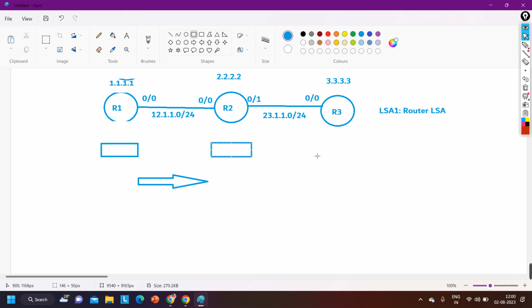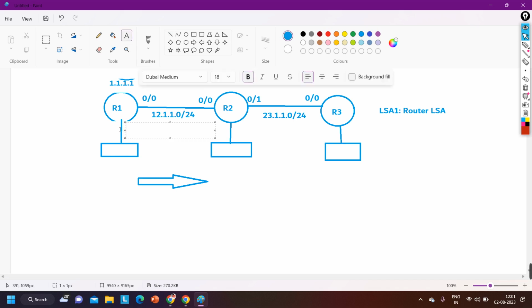Switch, switch and switch. Let's say this is f0/1, this is f0/2, and this is 0/1.